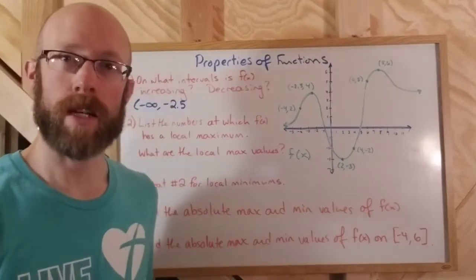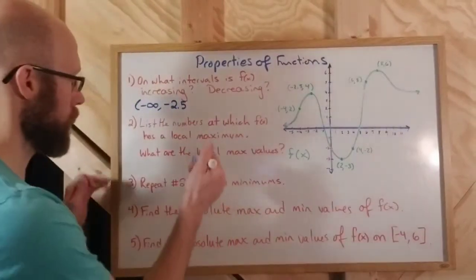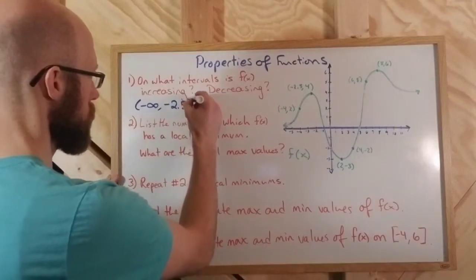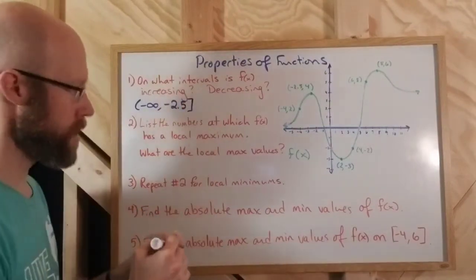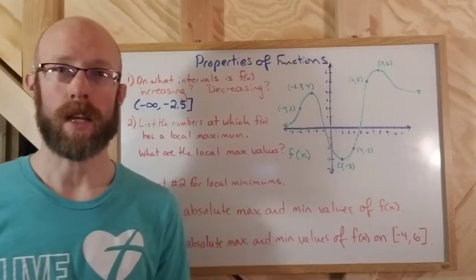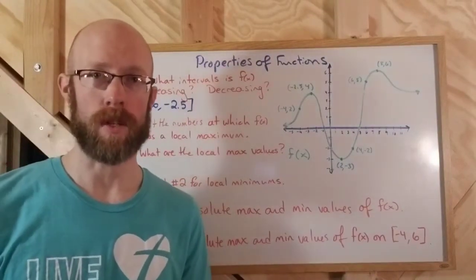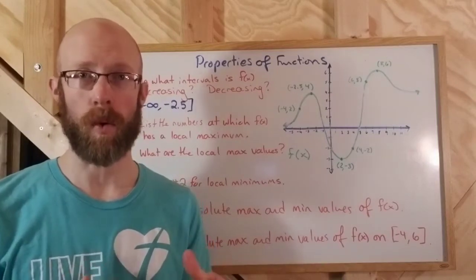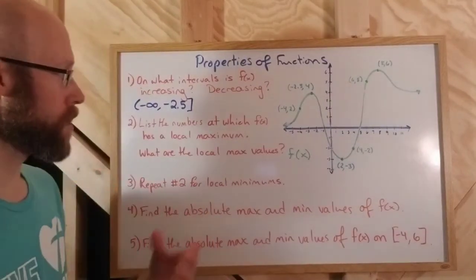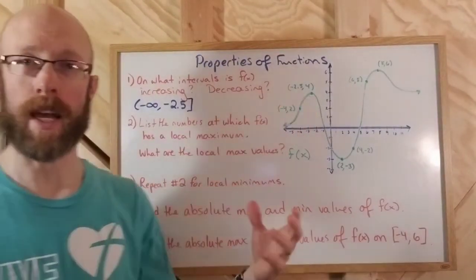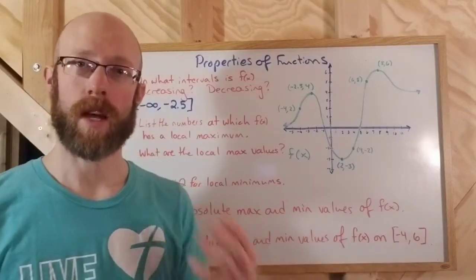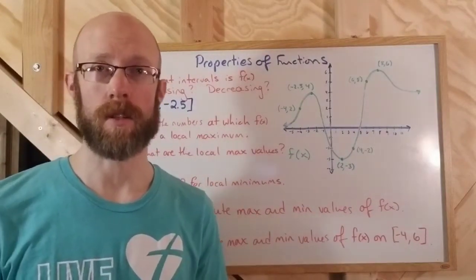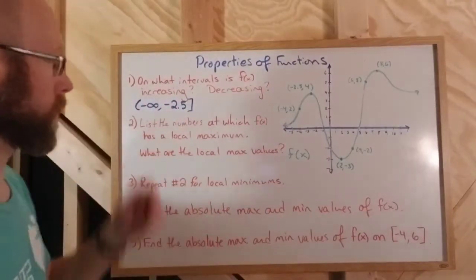Now, your textbook has a very precise definition of increasing functions and decreasing functions. The definition includes an inequality over an interval, and it turns out that that point on the endpoint does satisfy the definition. And so we're going to go ahead and include that.